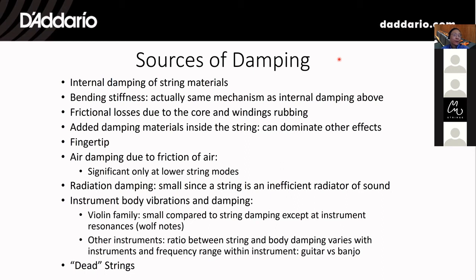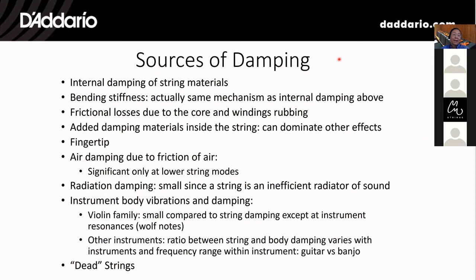There are frictional losses to the core and the windings rubbing against each other. The problem with modeling frictional losses is that it's nonlinear. It's hard to model because it varies with amplitude. There's also added damping materials inside the string because we, as well as some other manufacturers, add additional damping materials into the string if we need more damping for boat strings.